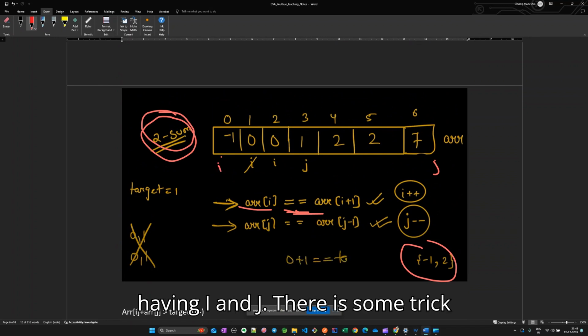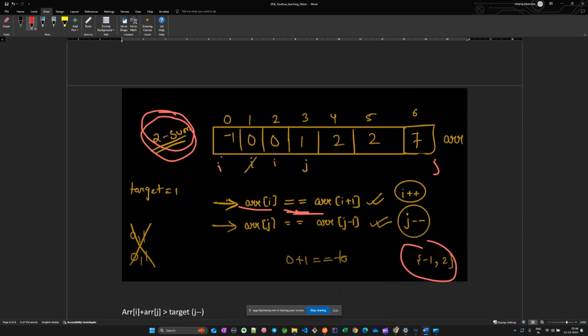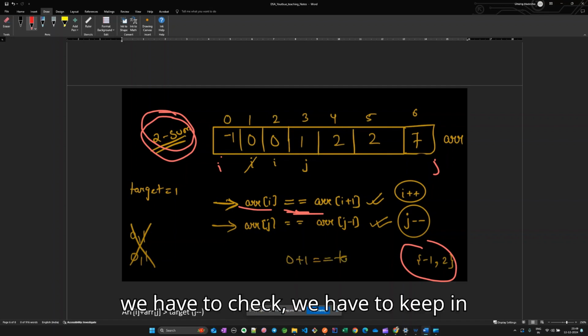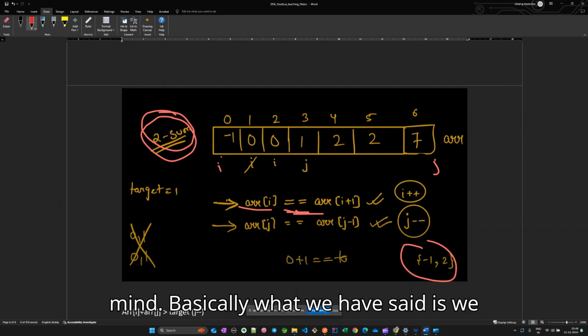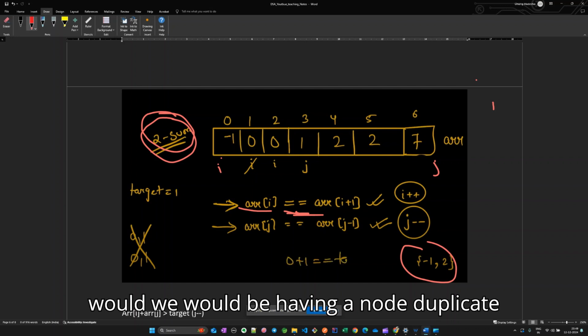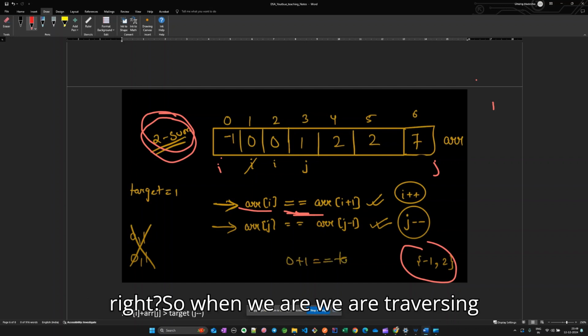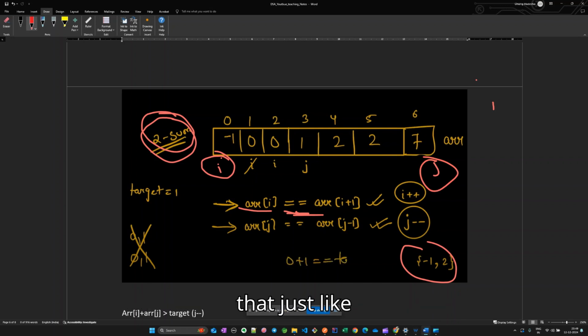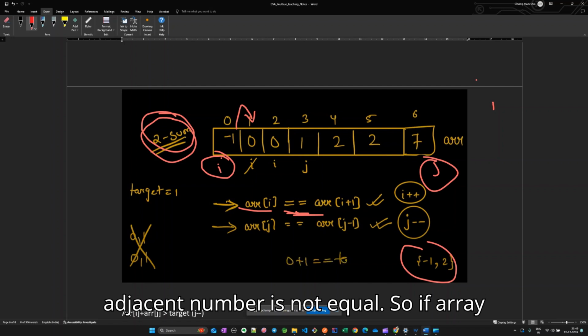There is some tweak in that, which we have to keep in mind. Basically, we have said we would have no duplicates. So when we traverse with two pointers, we check that adjacent numbers are not equal.